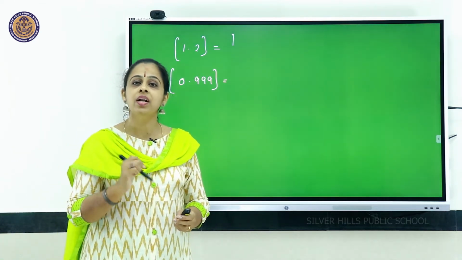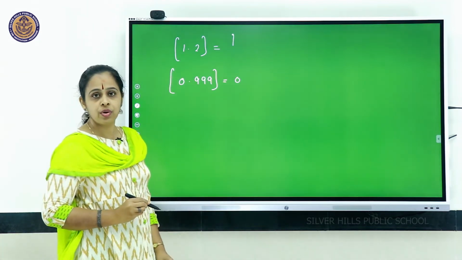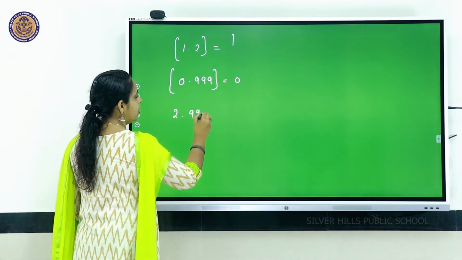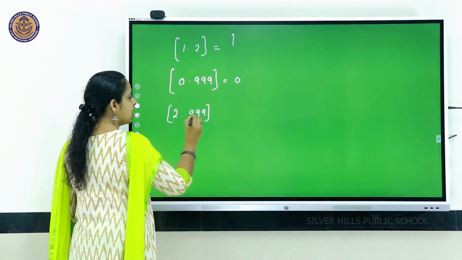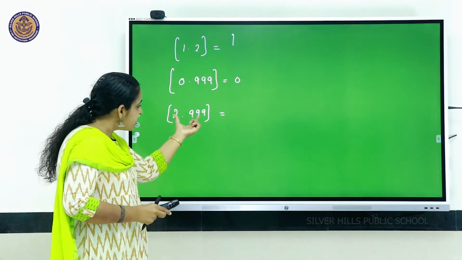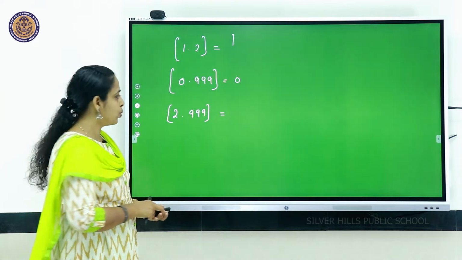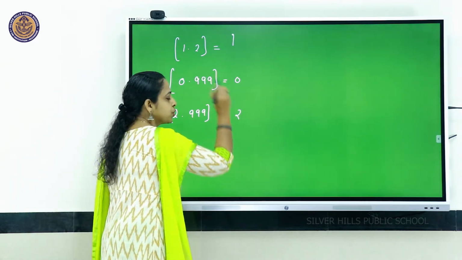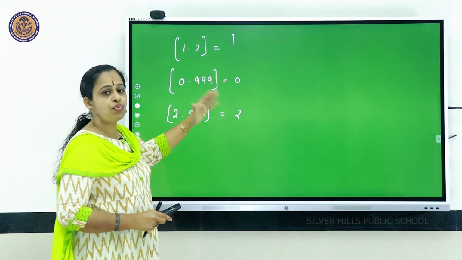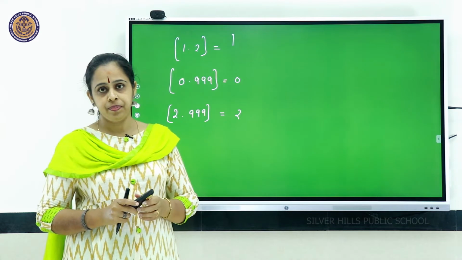Which is that one? 0. So its value will be 0. Another example, if I take box of 2.999, the value will become an integral value less than 2.999, which will be equal to 2. Now you might have understood how to find the value of the greatest integer function.